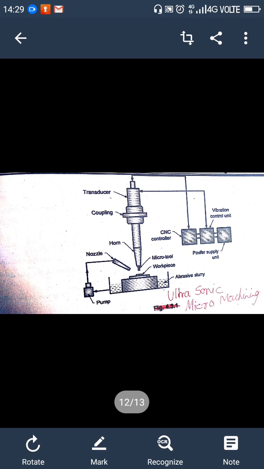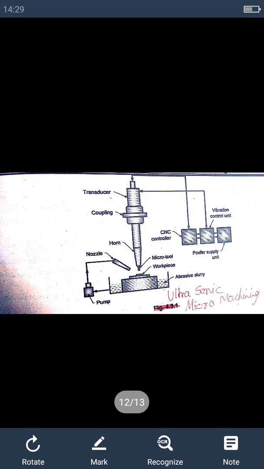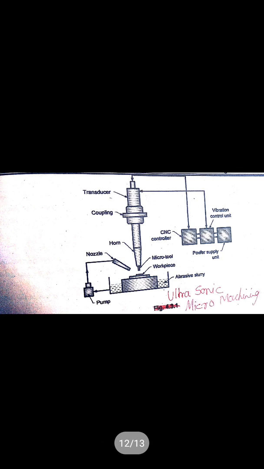The function of the pump is to take that abrasive slurry and pump it to the nozzle, then through this nozzle the abrasive slurry goes to the workpiece, and the horn, producing continuous vibration, gives impact on the slurry, and the slurry removes the material from the workpiece.